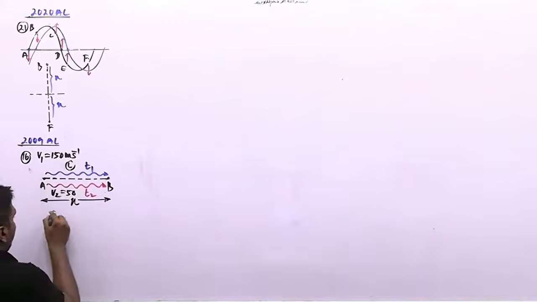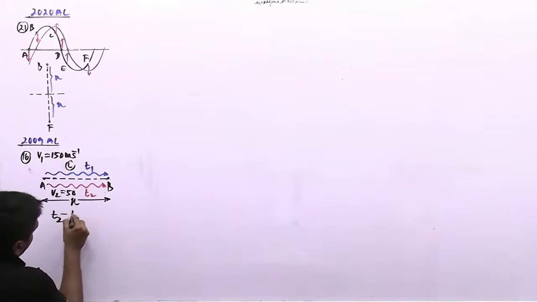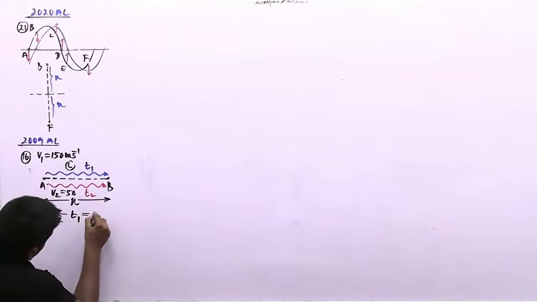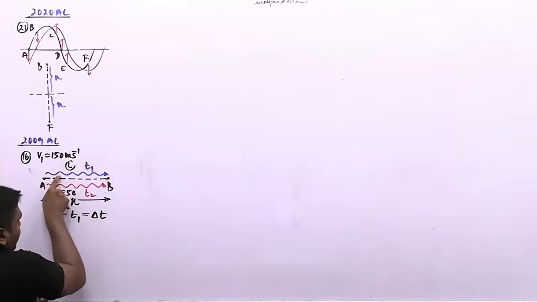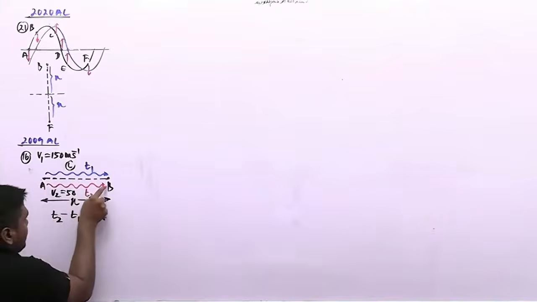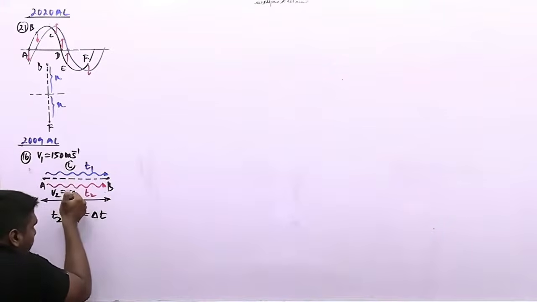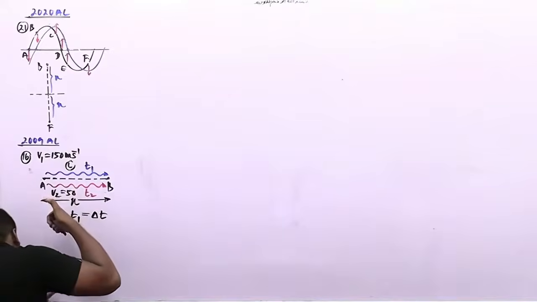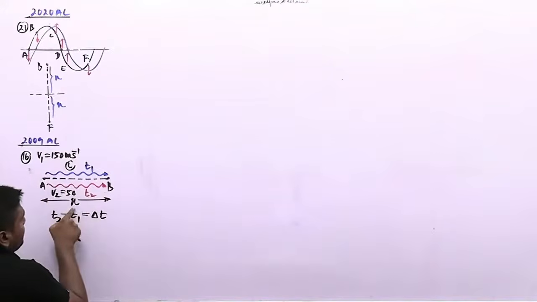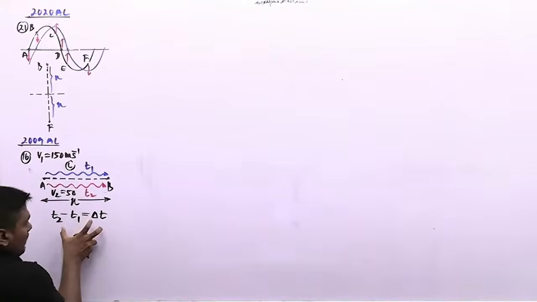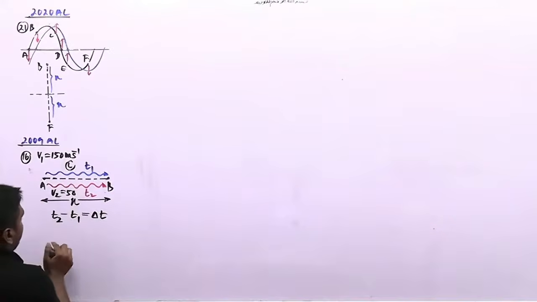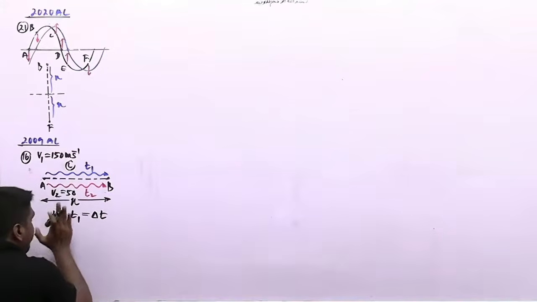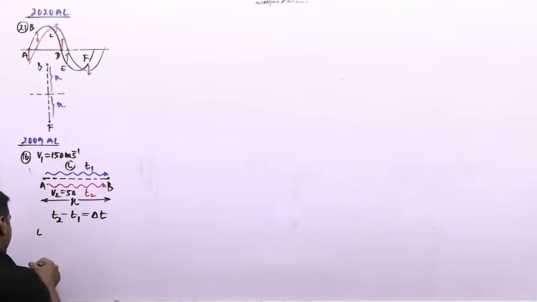The wave having the larger speed takes a smaller time to travel distance x, and the one having the smaller speed takes a larger time. For the longitudinal wave, you can apply the s equals ut equation. Equation 1: apply s equals ut for the longitudinal wave.